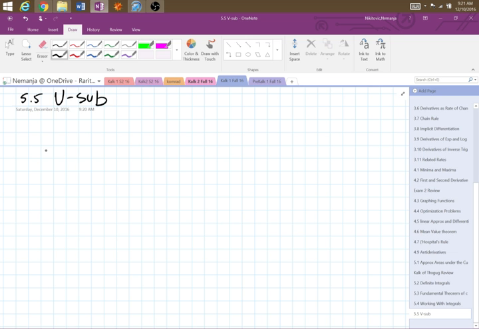I will start with the integral of (x plus 3) squared dx as a review. The way to do this integral could be to expand the binomial, get x squared plus 6x plus 9. Don't forget the parentheses.